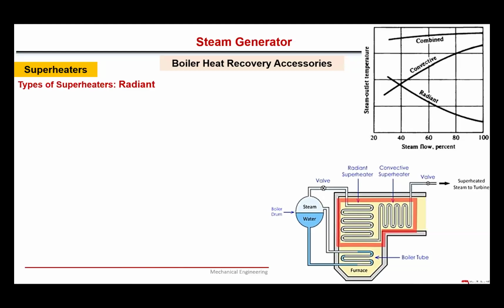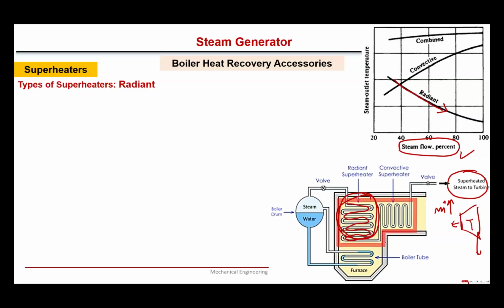Now, as the required steam flow rate is increased, because here is the steam which is going to the turbine section, as the load increases, the amount of steam required will also increase. So as the steam flow rate increases, this radiative heat transfer will start to drop, because now the steam is flowing at a higher rate, right?